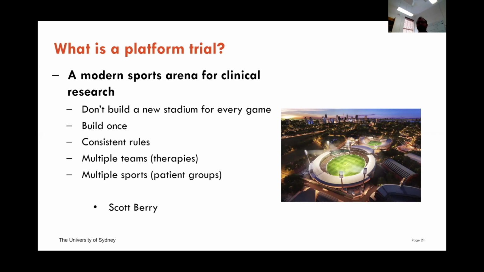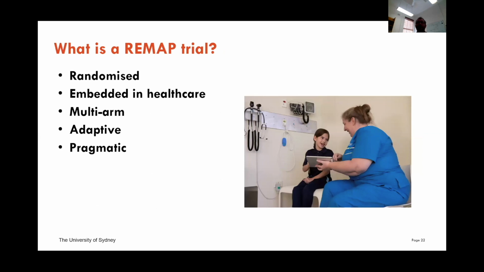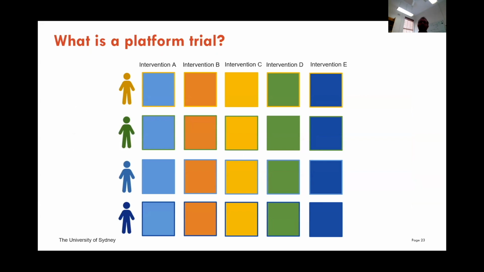And so the idea of a REMAP platform trial is that they are randomised, they are embedded in healthcare, they're multi-arm, they're adaptive, so they allow for changes to be made over the course of the trial, and they are pragmatic, meaning that we try to make these as efficient and as applicable to real world as possible.